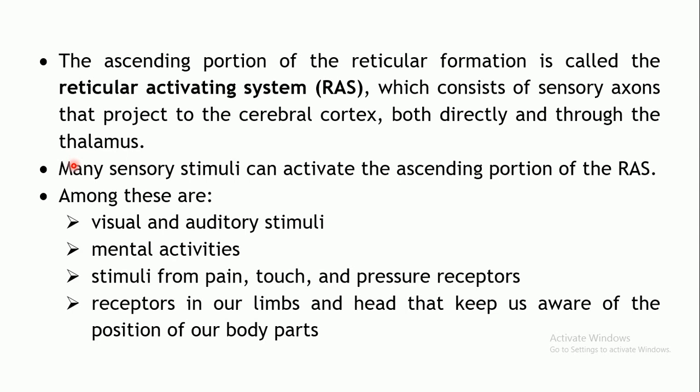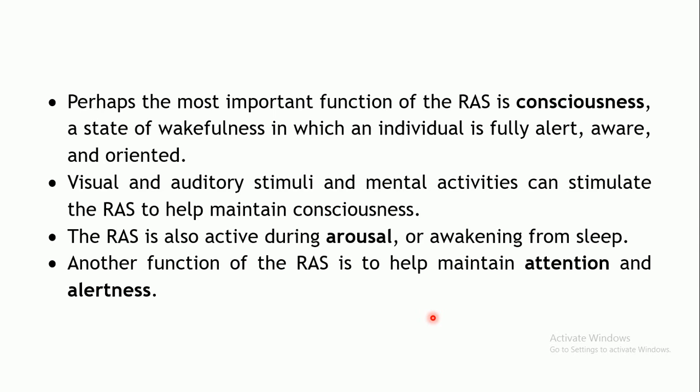These may include visual and auditory stimuli. You're looking at something, that is conveyed to your brain. You're hearing something, that is conveyed to your higher centers. The mental activities which are going on. The stimuli may be from pain, touch or pressure receptors, or the receptors present in our limbs or head, which keep you aware about the position of your body parts.